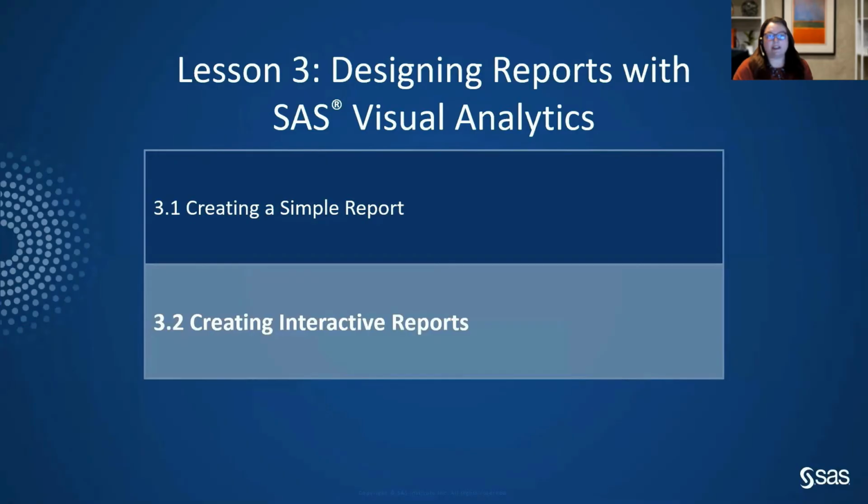Welcome to Lesson 3. Lesson 3 will focus on reporting, interactive reporting. So our goal here is to create a report that other consumers, information consumers, your clients, your colleagues can consume. And while they're consuming this report, they can make some choices about what they're going to see.